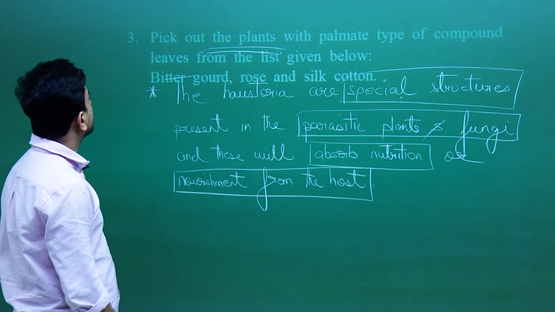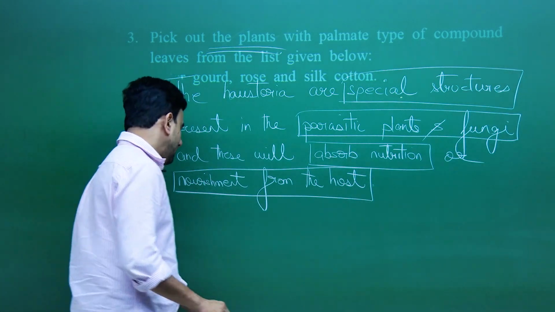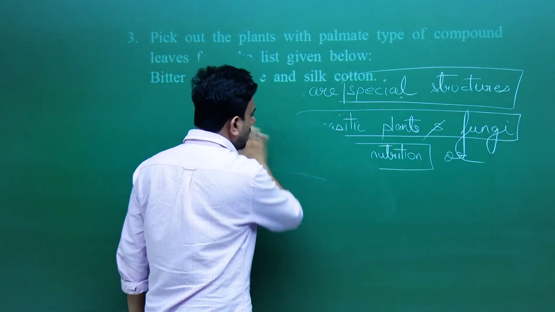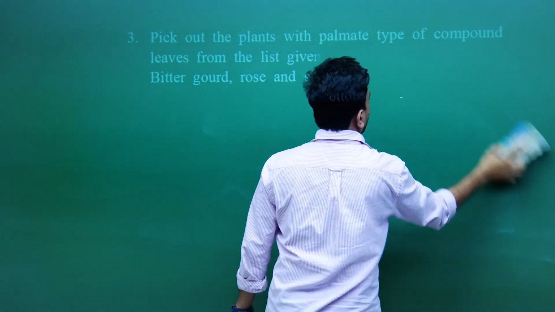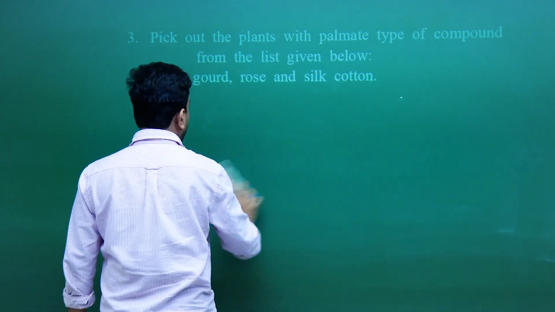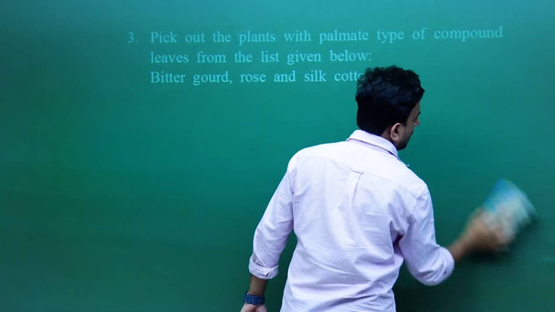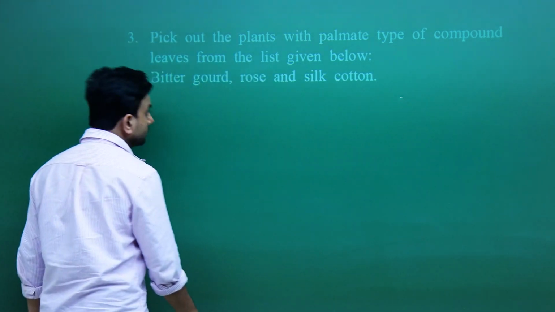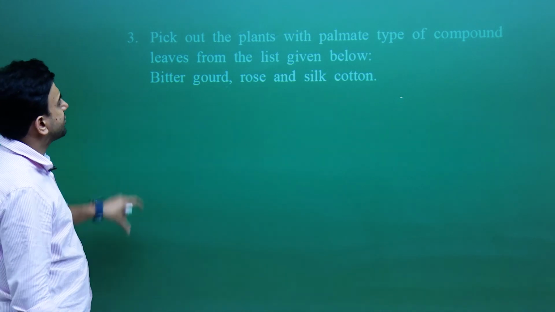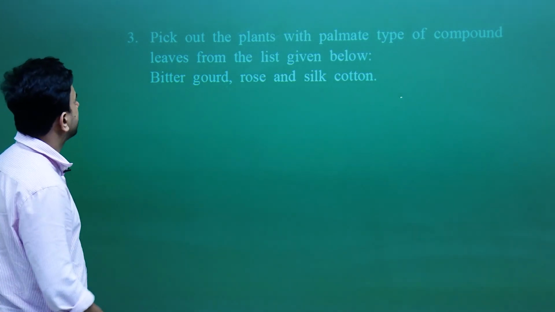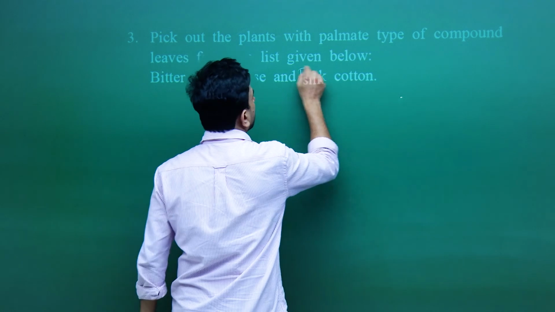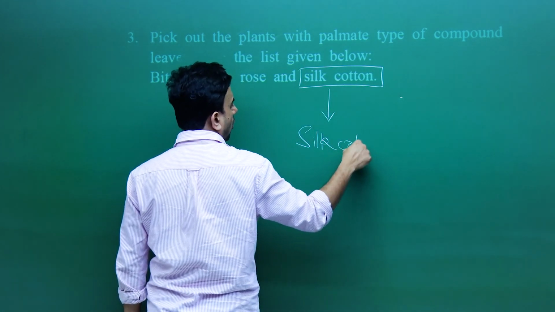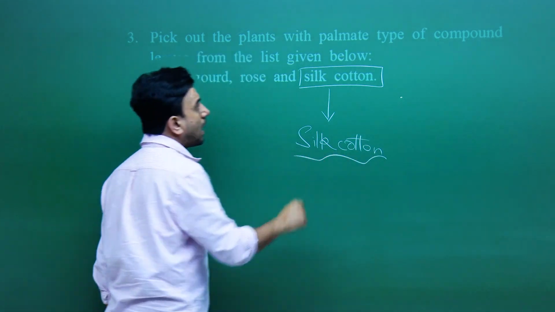Moving on to the next question, pick out the plants with palmate type of compound leaves from the list given below: bitter gourd, rose and silk cotton, and the correct option is silk cotton, having the palmate type of compound leaves.